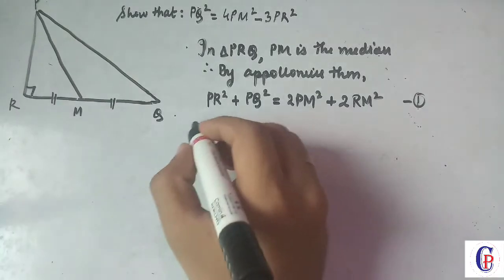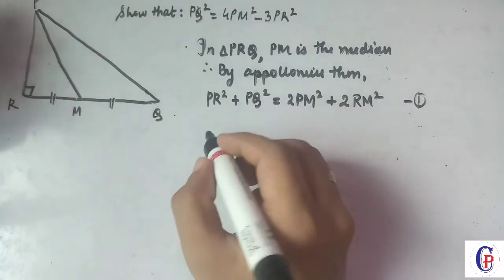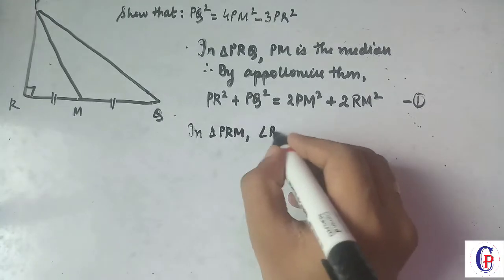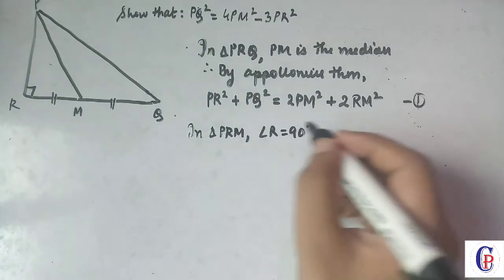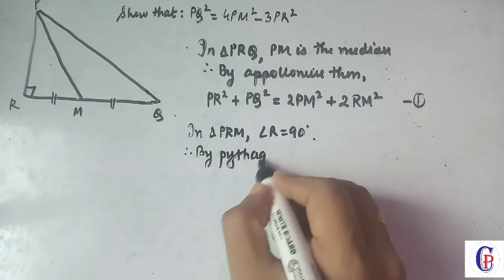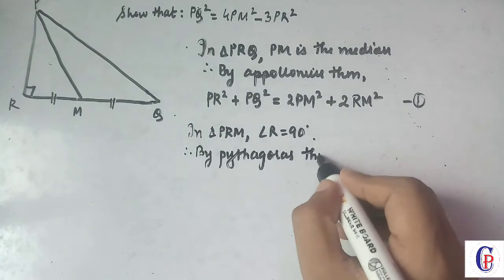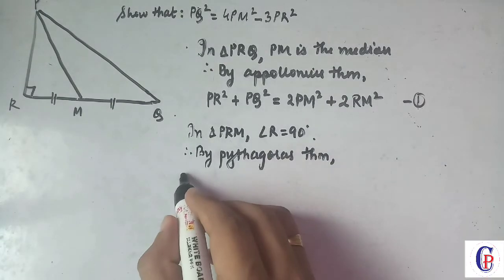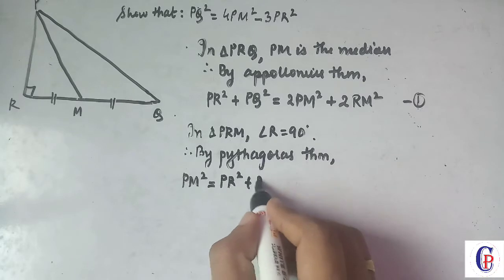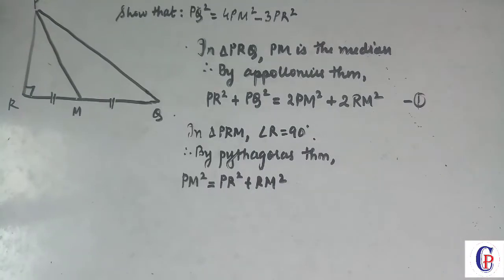Now we can say that in triangle PRM, angle R is 90 degrees. So therefore, by Pythagoras theorem, we can write PM square is equal to PR square plus RM square.